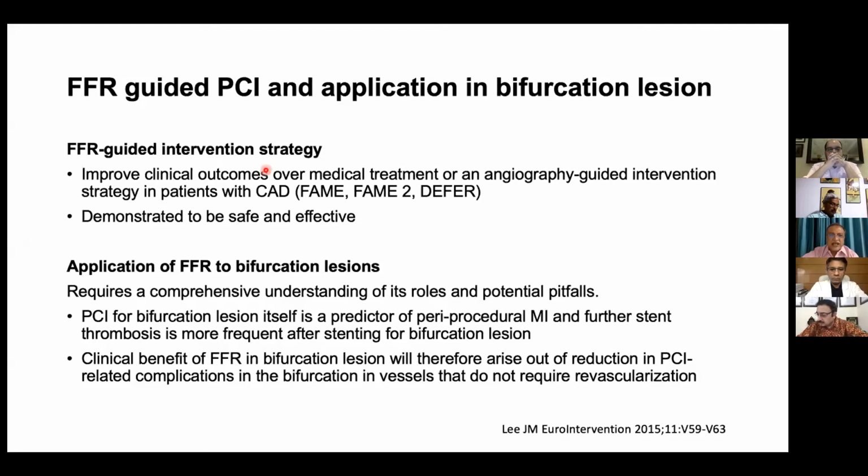Applying the same principles to the bifurcation, it is presumed to give you better results, but it requires a comprehensive understanding of its role and the potential pitfalls. PCI for bifurcation lesion is itself a predictor of periprocedural myocardial infarction, and further stenting may result in stent thrombosis. So the clinical benefit of FFR in bifurcation arises out of reduction in unnecessarily stenting bifurcation lesions when it is not required.